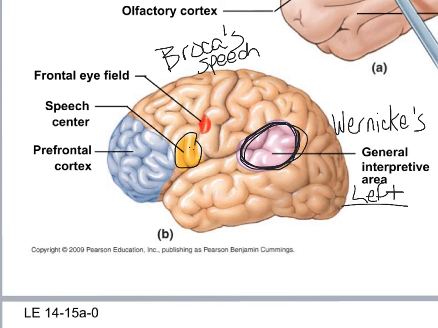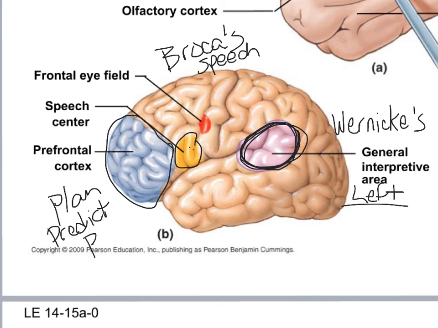And then finally we have the prefrontal cortex. So the prefrontal cortex right here, it does a couple of things. It helps you to plan. It helps you to predict consequences. It helps you to reason. It helps you to judge.